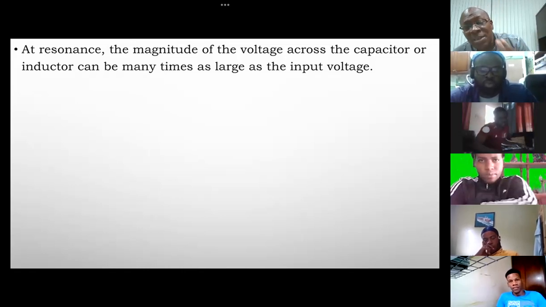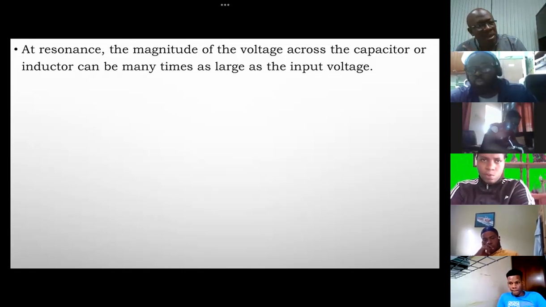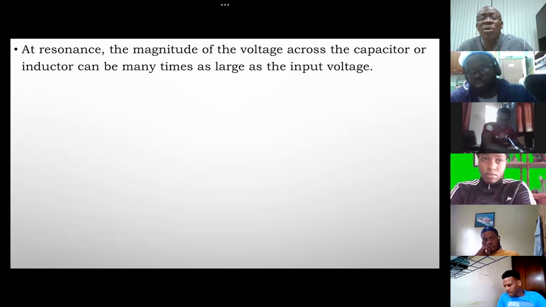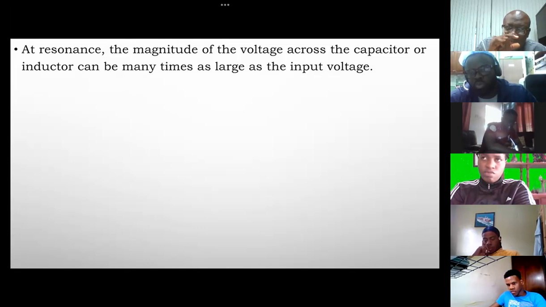Now, if you have the maximum possible current, and based on what I just said, the inductive and capacitive reactances can be large, and you're operating with the maximum current, immediately what you should be seeing is that the voltage across L and C can be very large. You get the connection?